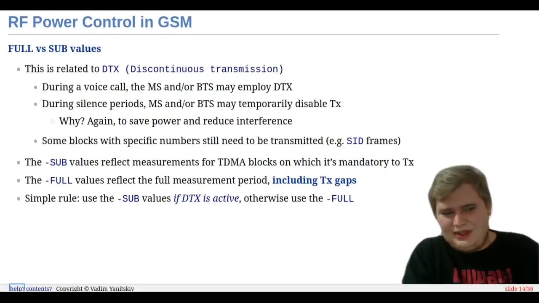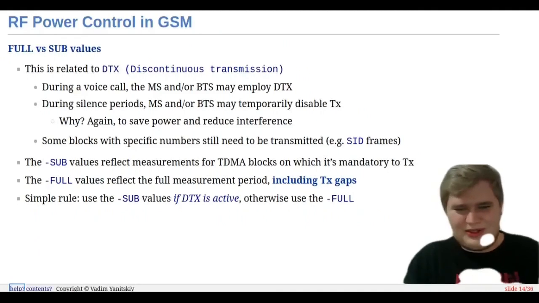The sub values reflect measurements for TDMA blocks on those mandatory specific blocks, excluding the gaps in transmission, while the full usually represents the full measurement period, including the gaps.